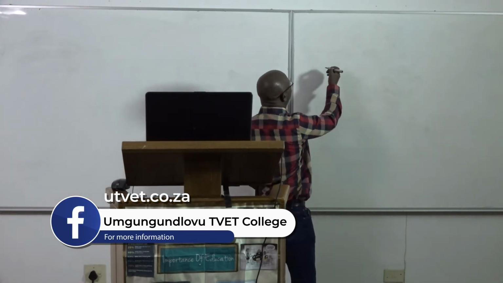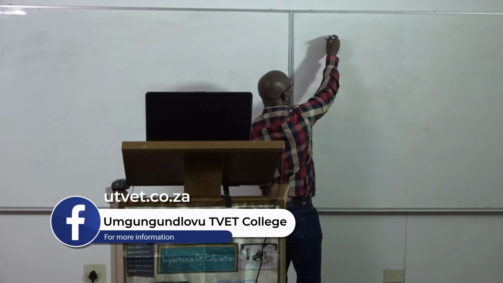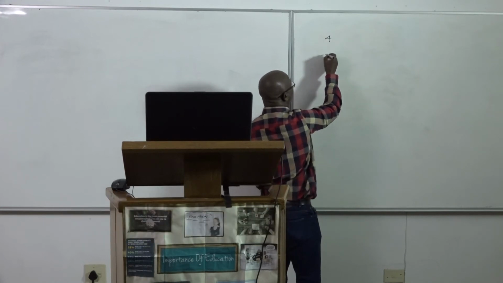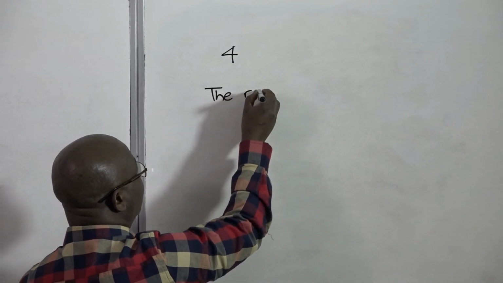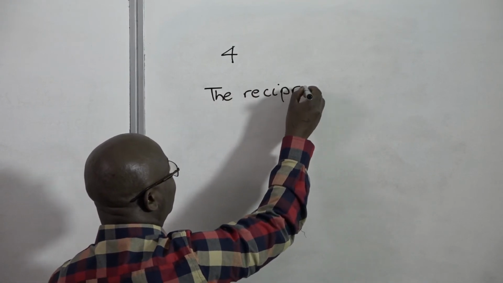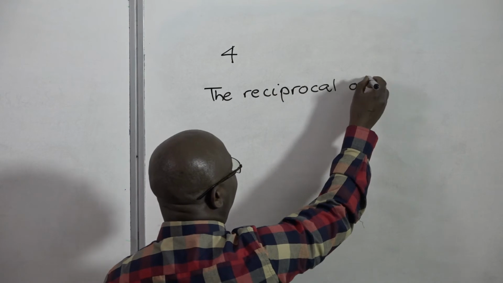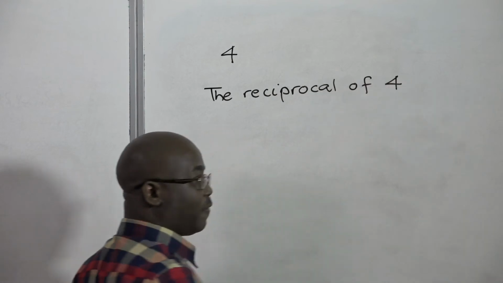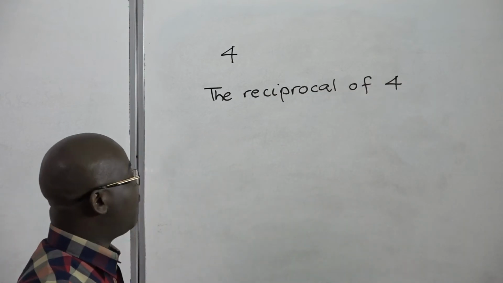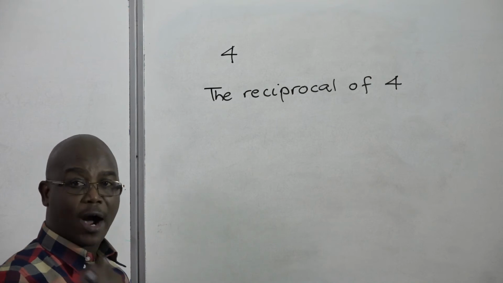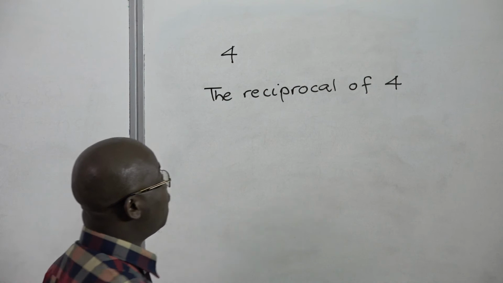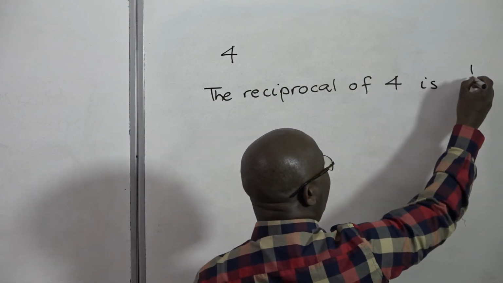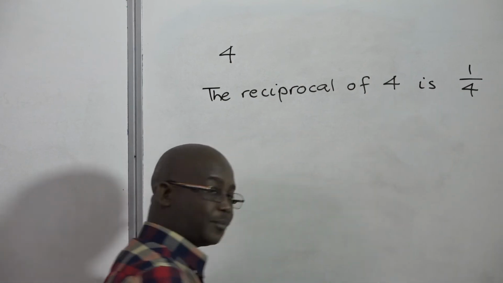Now, if I have a number 4, the reciprocal of the number 4 can be found by dividing 1 by 4. Therefore, the reciprocal of 4 is 1 over 4.